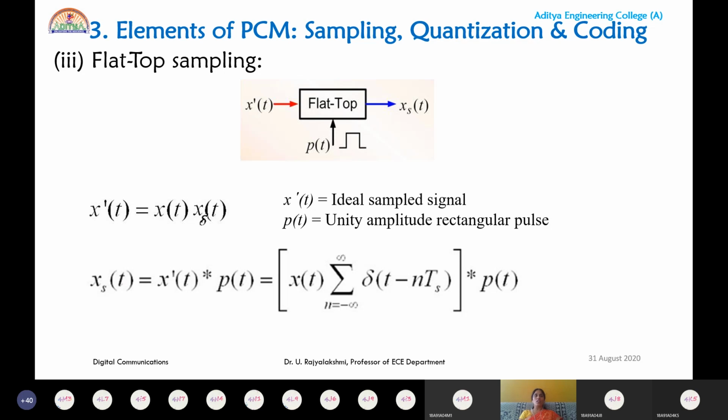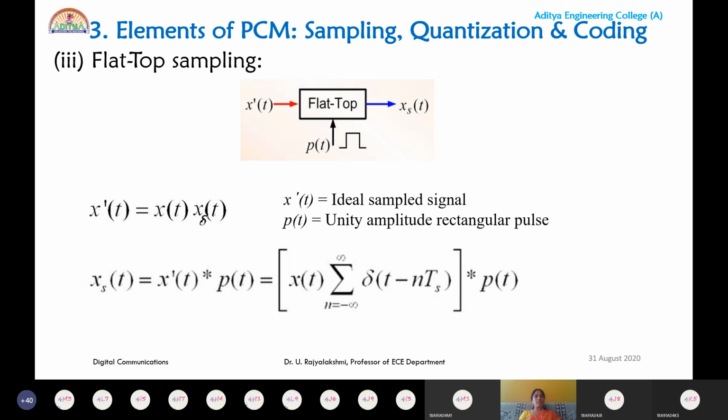In terms of mathematical expression, we can write the sample signal as a convolution of the ideal sample signal with a series of pulse train. So what is this x dash of t? x dash of t is the ideal sample signal. You may have a doubt that we are considering ideal sampling here, but practically it is difficult. But we are considering the ideal impulse train, but with a pulse width of a very minute factor, like 0.1 second, some pulse width is considered.